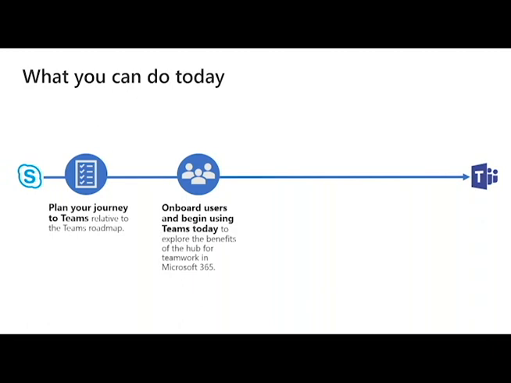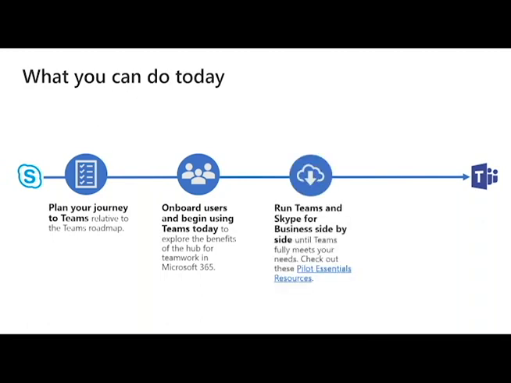The second thing you want to do is onboard users by beginning using Teams today. If you're not using Teams today, I encourage you to download the application and try it out, because eventually there's going to be a cutover date, and we're all going to be forced to eat this. So run Teams side by side for a while until at some point you feel comfortable to make that complete transition.